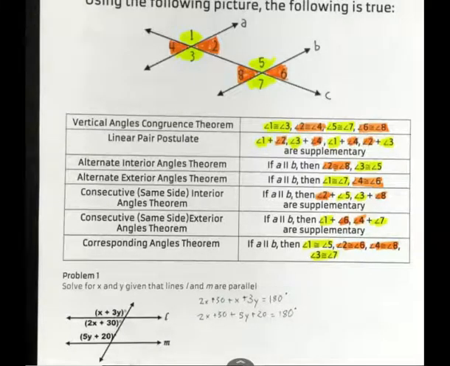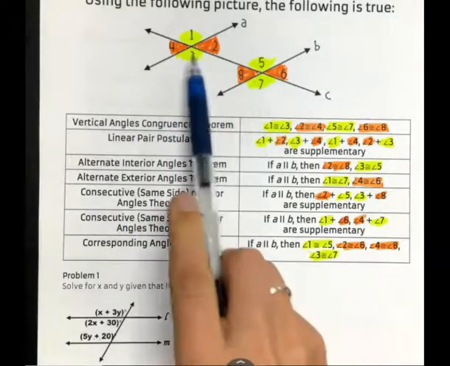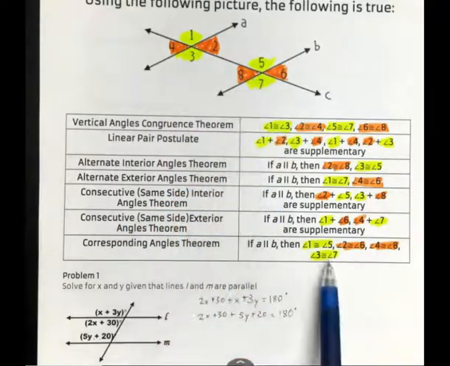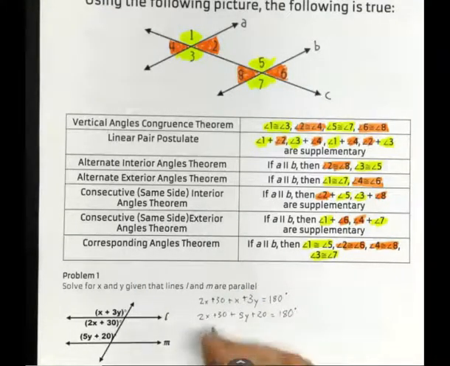Alright, and then the last equation that I have is that this angle is equal to this angle because these are corresponding angles. See, corresponding angles right here, and corresponding angles are congruent.